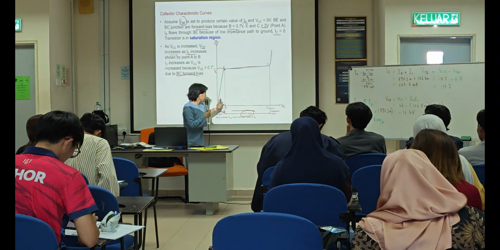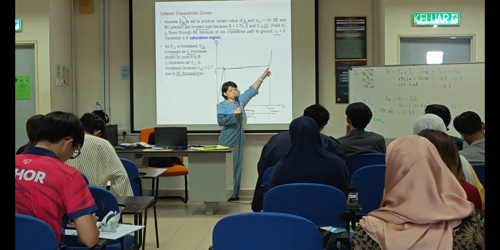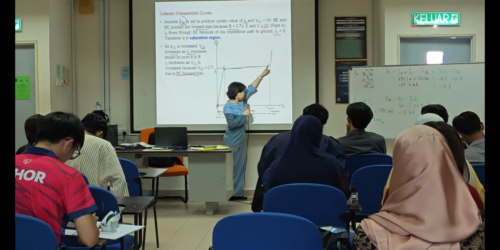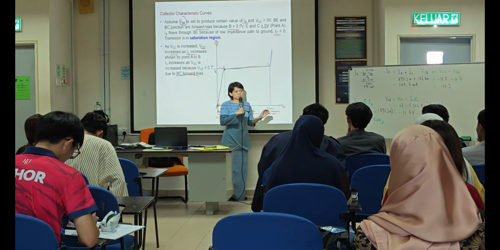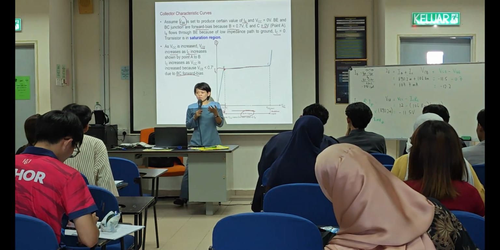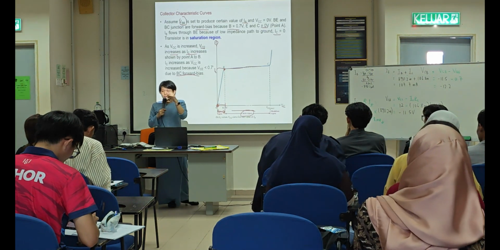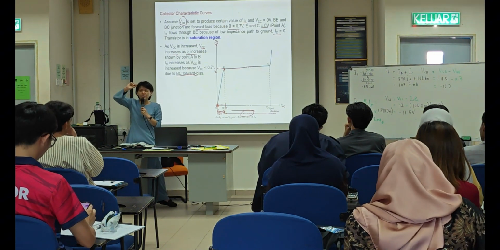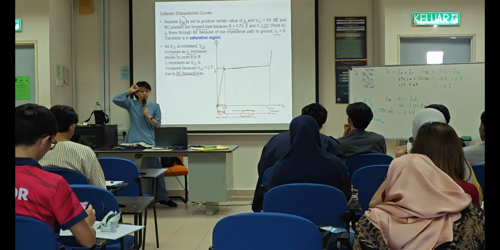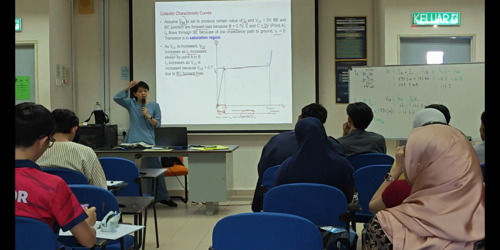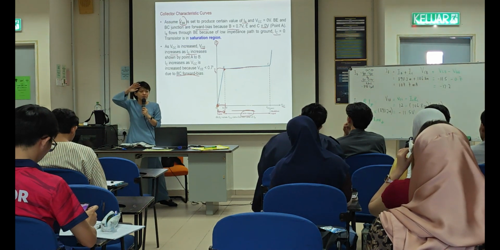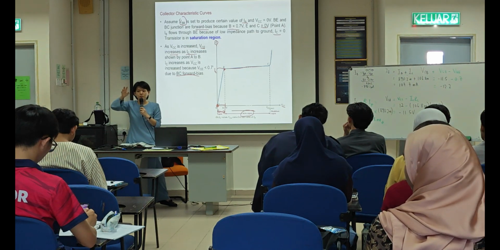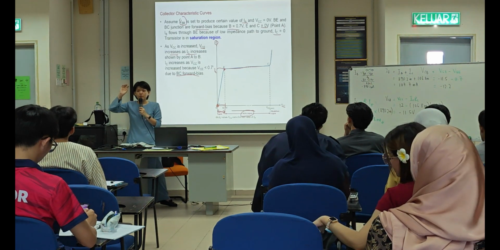Okay, after that, once more than this threshold point, beyond this value is breakdown. That is why later when we enter lab 2, there will be one experiment asking you to adjust your VCC until one value, maybe 15 or 16 watt and above, or 25 watt.